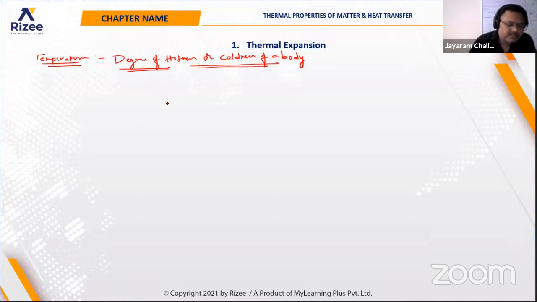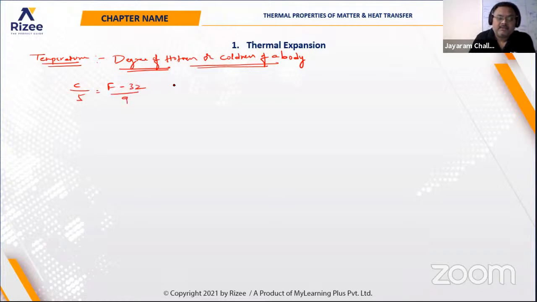Generally, how do we measure this? In degrees centigrade, or you can go for Kelvin scales, or Fahrenheit scales. The general conversion relationship for degrees centigrade is C by 5 is equal to (F minus 32) by 9.